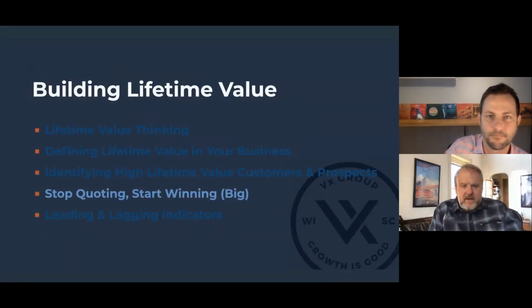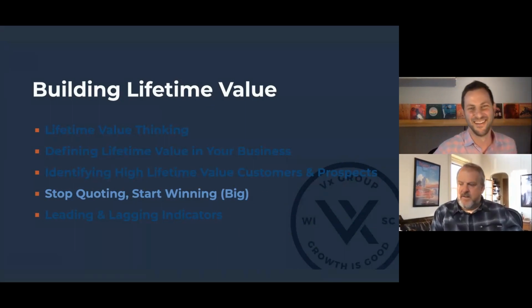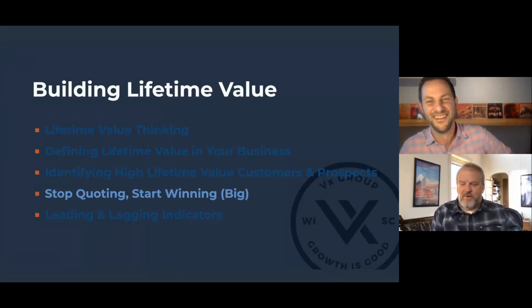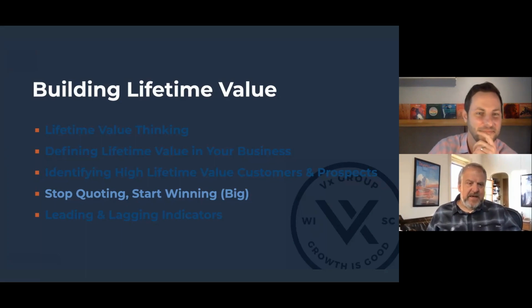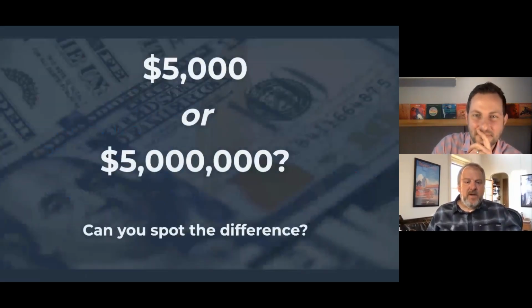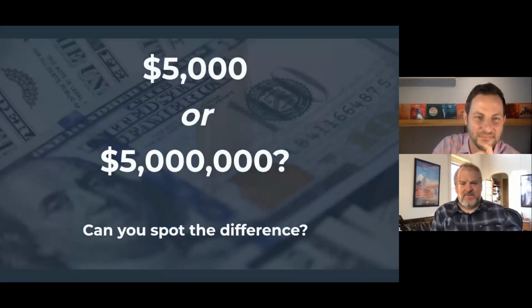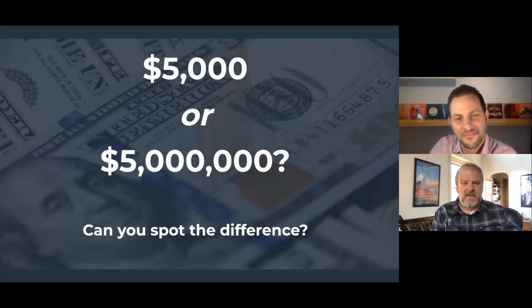Thanks, David. All right. Well, we're in the home stretch of today's conversation. So just talking about how we start to make a shift from sending quotes to winning big high lifetime value relationships. It really starts with, is it $5,000 or is it $5 million?